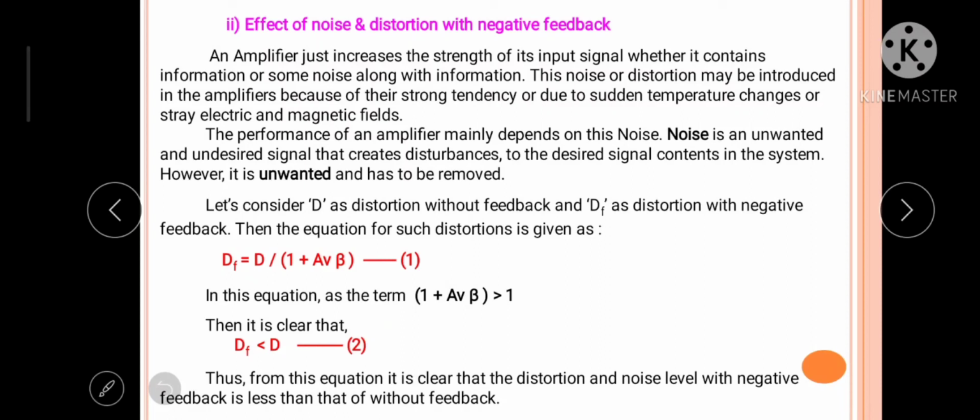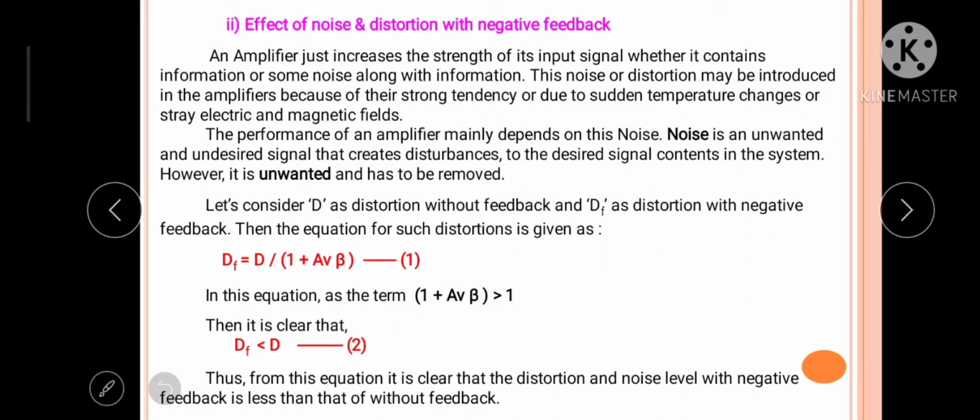In general, the performance of any amplifier mainly depends on its noise. Actually, noise is an unwanted and undesired signal that creates disturbances to the desired signal contents in the system. It is unwanted and has to be removed.